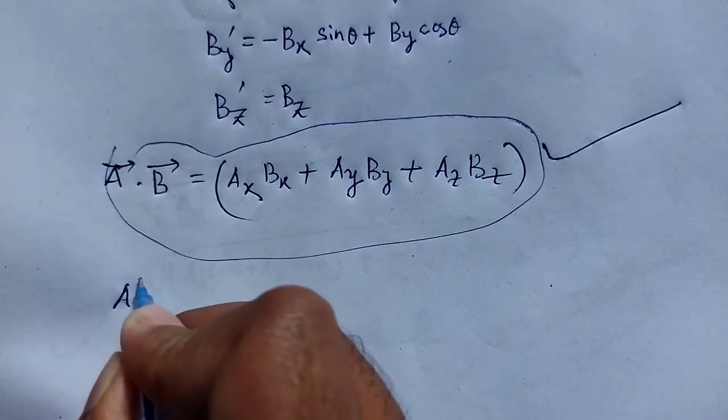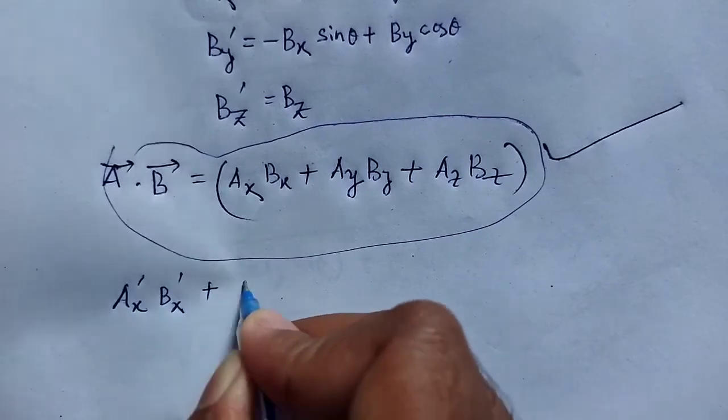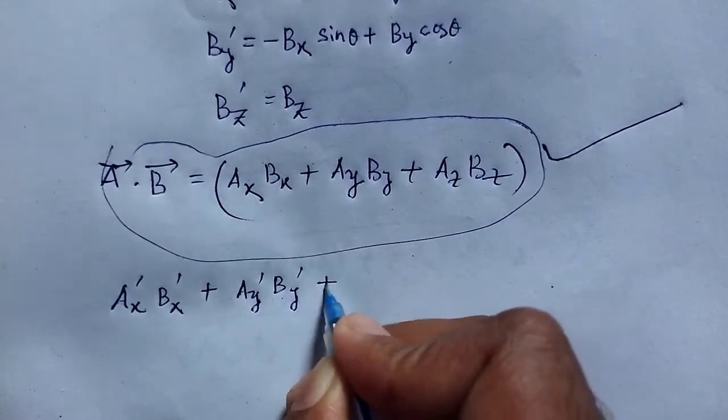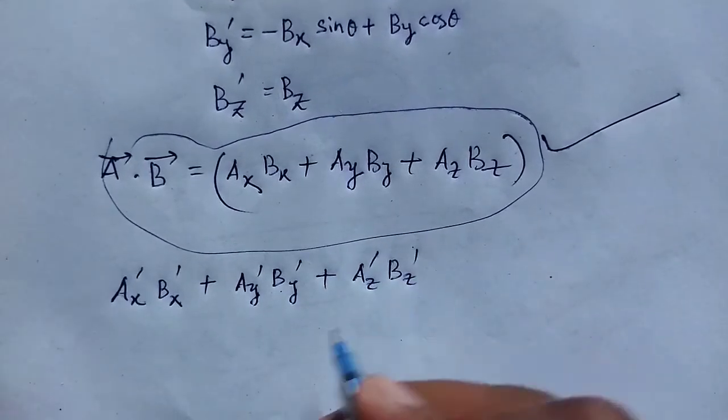Let us observe the result: ax dash bx dash plus ay dash by dash plus az dash bz dash.